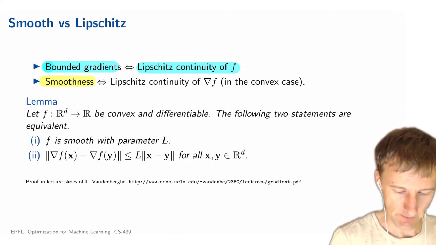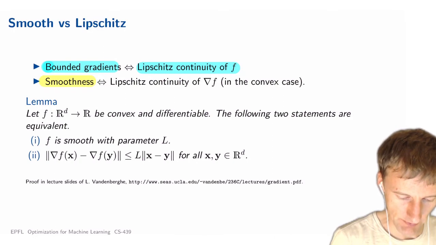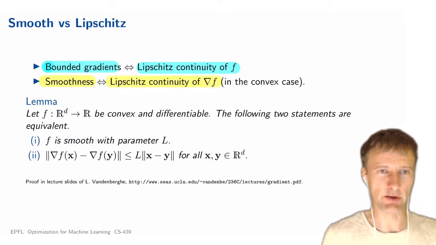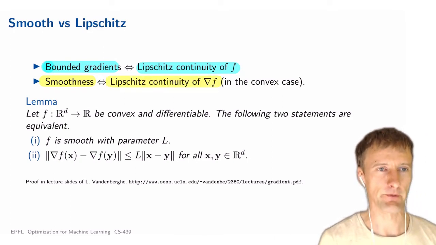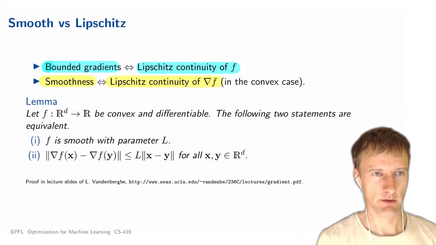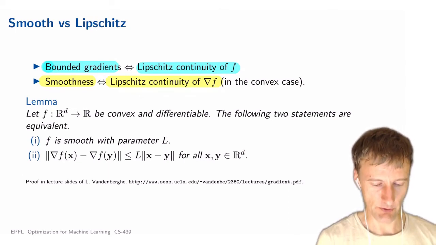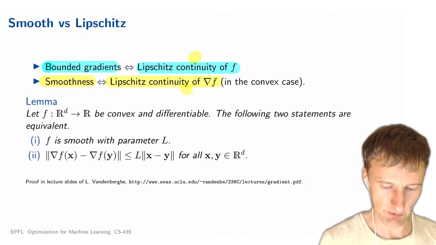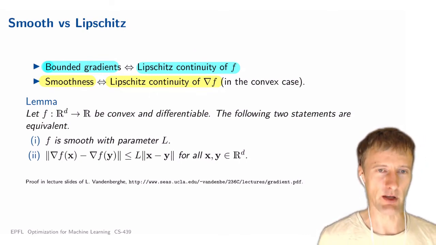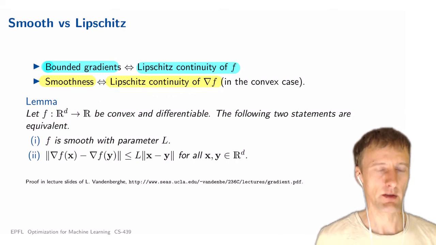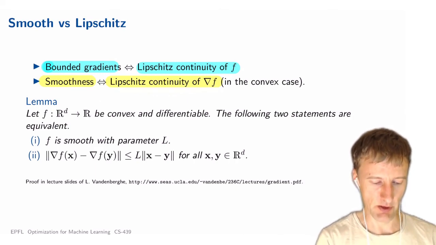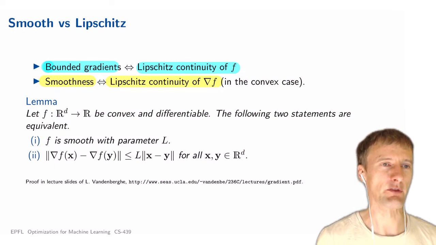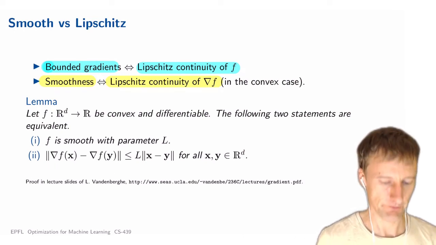Namely, it is equivalent to my gradients being Lipschitz continuous. What we actually use in optimization is more the two things on the right side, which are simpler for us to handle. These are the properties on f. But they are equivalent to the definitions we have seen, which is nice.